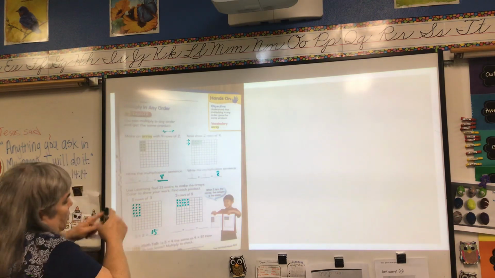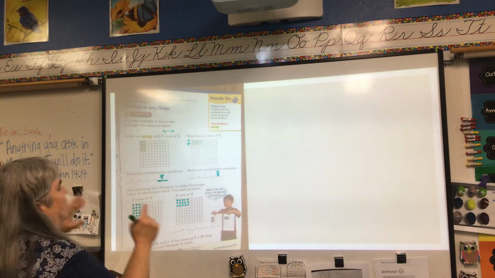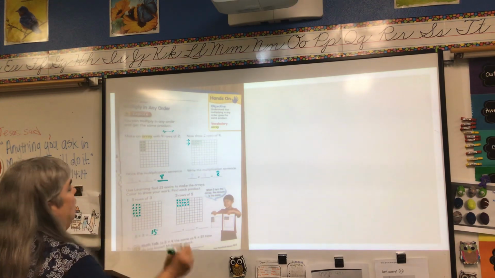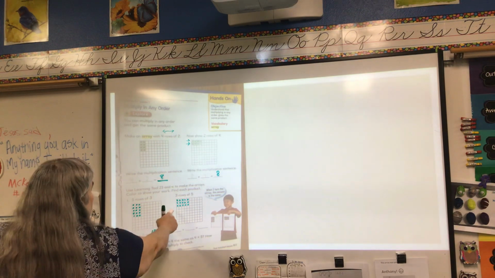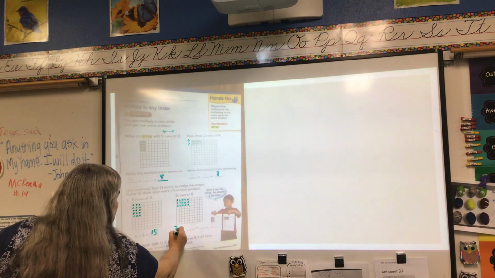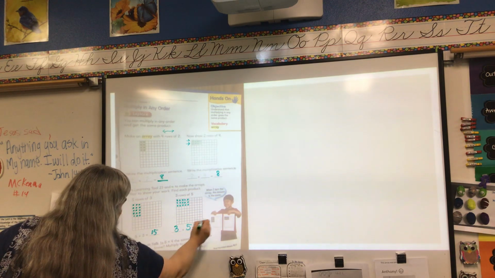So that's why it's an important thing to keep counting. Don't try to make them squares. They don't have to be perfect. They don't match each other. But don't just scribble across the page. You don't want to do that. So 3 rows of 5 is still going to be 3 times 5, and it's still going to be 15.